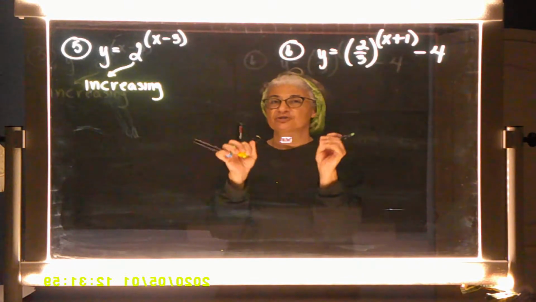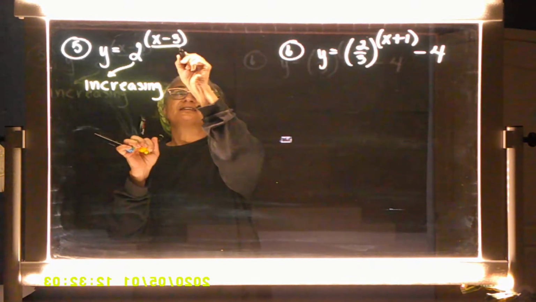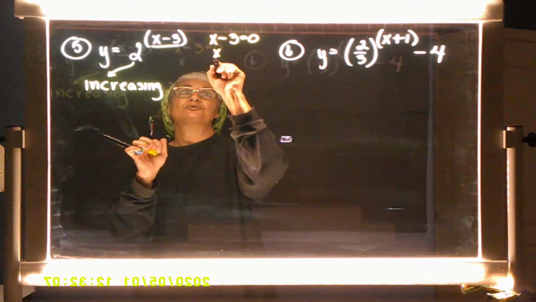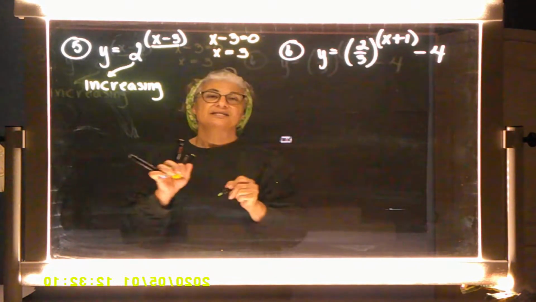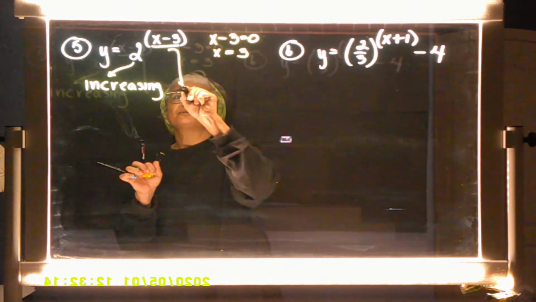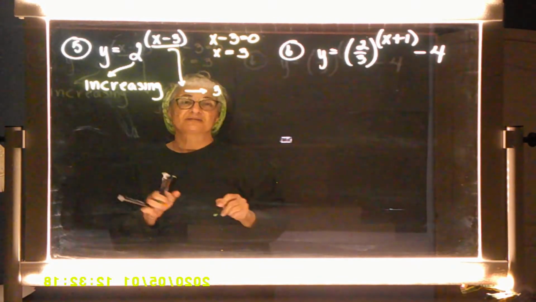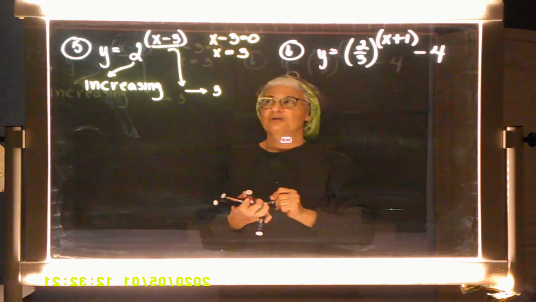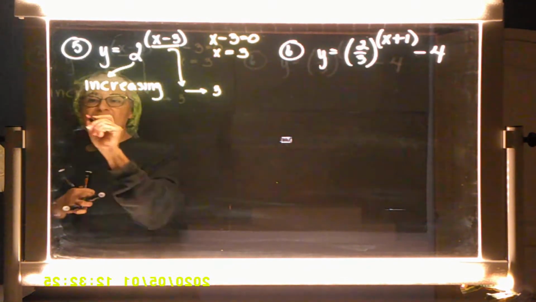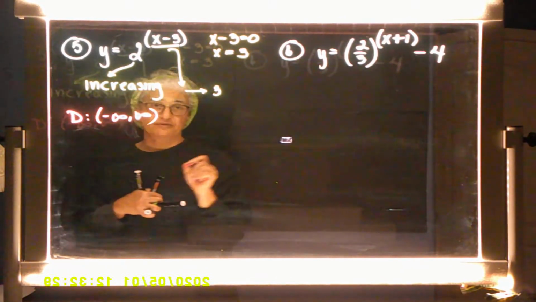And a quick refresher to determine which way: you have to take this parenthesis and set it equal to 0 to determine which direction this is going. Since I solved for x and I got a +3, this tells me that my graph is shifting to the right 3 spaces. Cool?